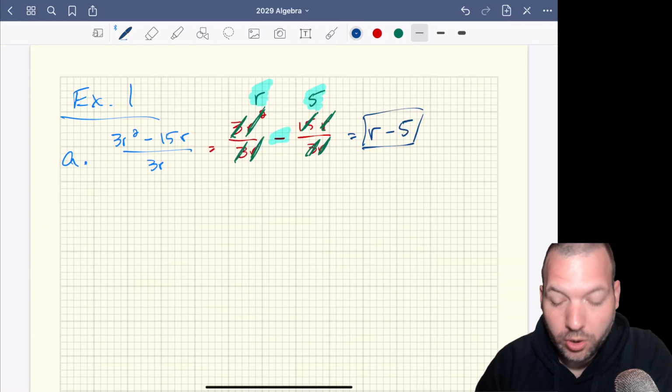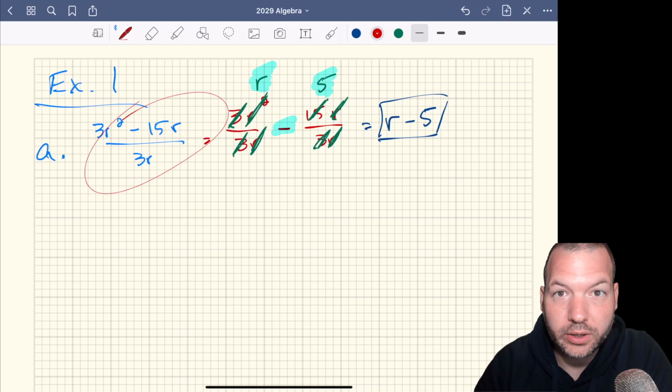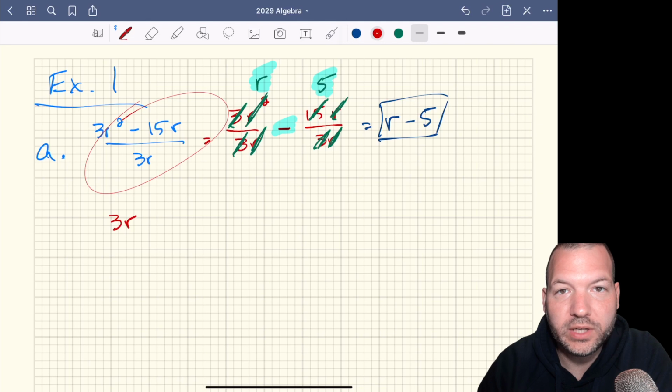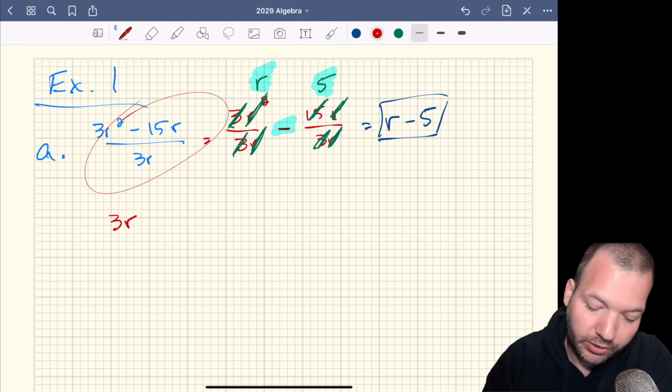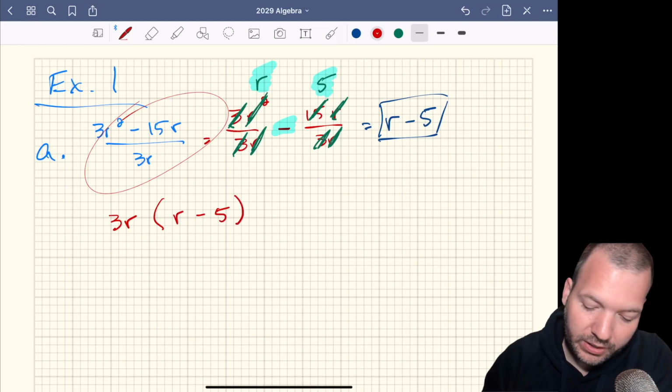One thing that I hope will give you confidence in this is that this is a problem we could have just approached a few days ago with our factoring. You might notice in the numerator, 3r squared and 15r both have 3r as a factor. If I pull the 3r out, it leaves r, and if I do that out of the 15r, it leaves 5, and so I get 3r times the quantity r minus 5.